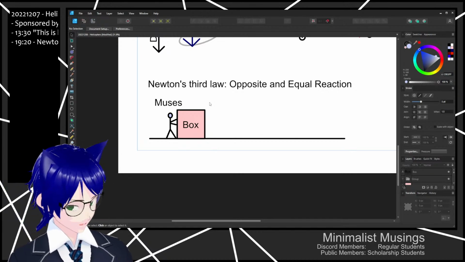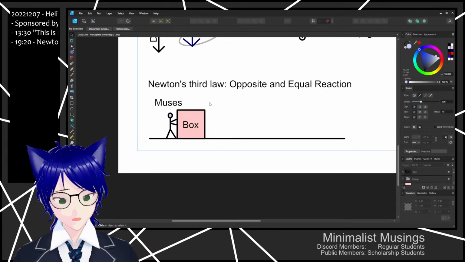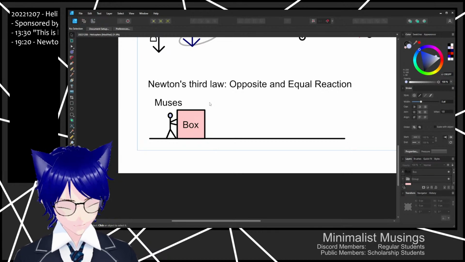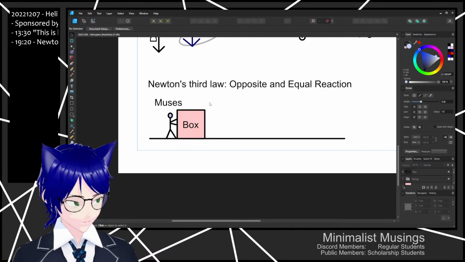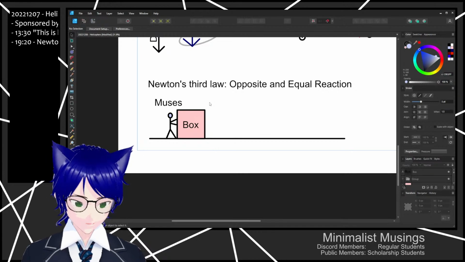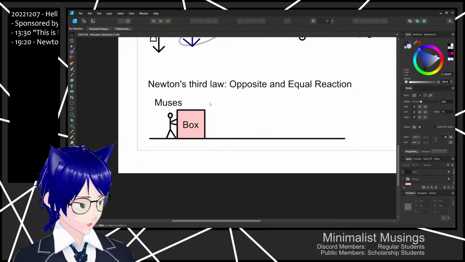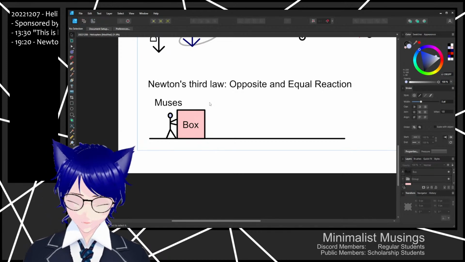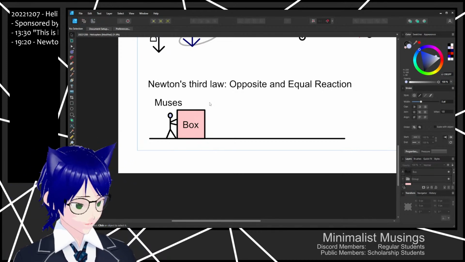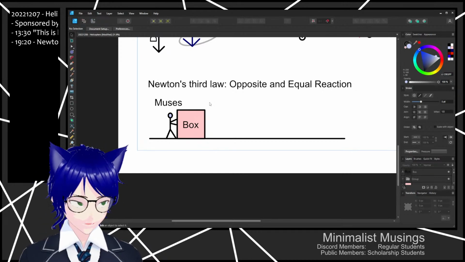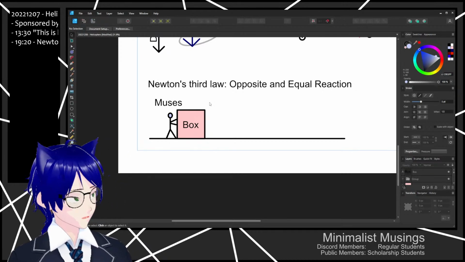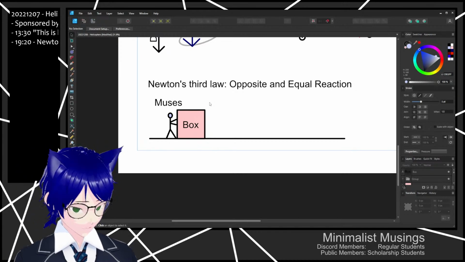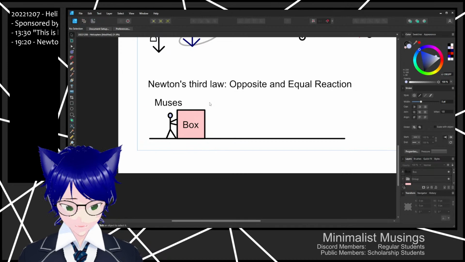The box, like my hands against the box, feel the shape, the texture of the box. Does that kind of make sense? And the box, you can imagine, if I'm just standing there and I'm pushing against the box, the box is pushing on me, because there is no difference between, right?